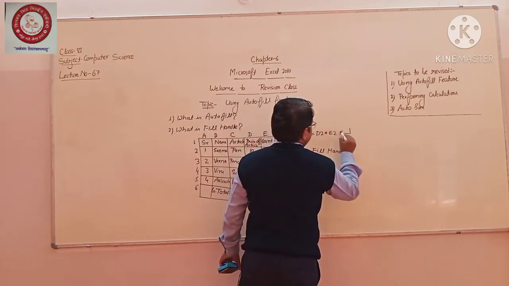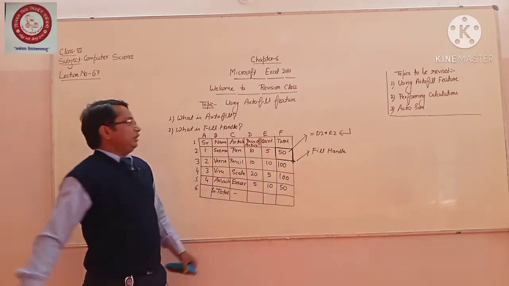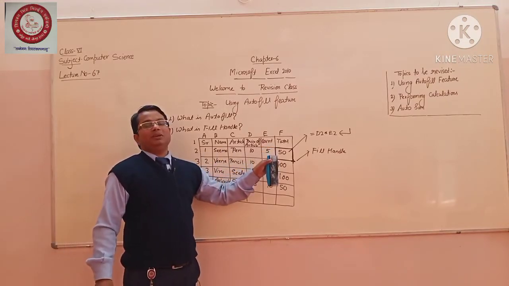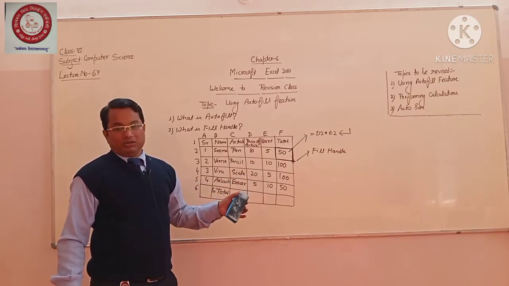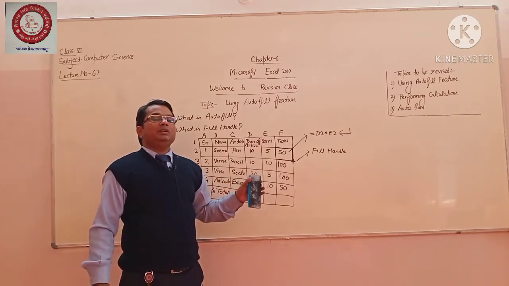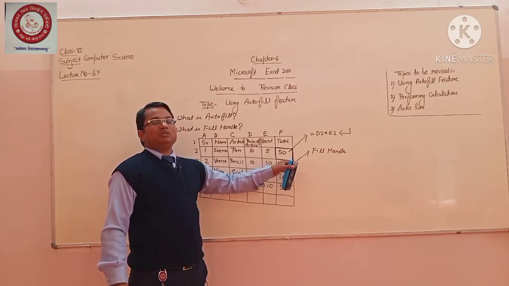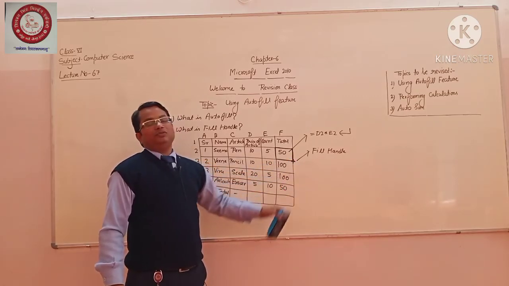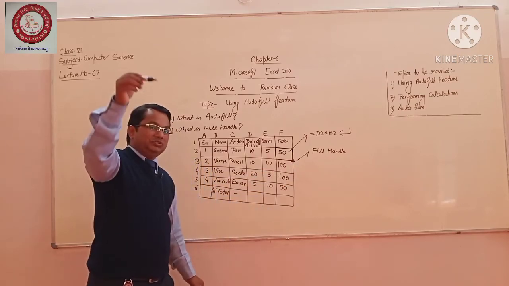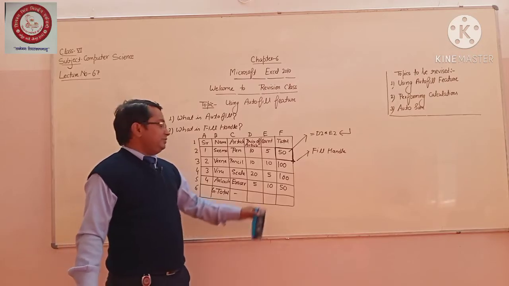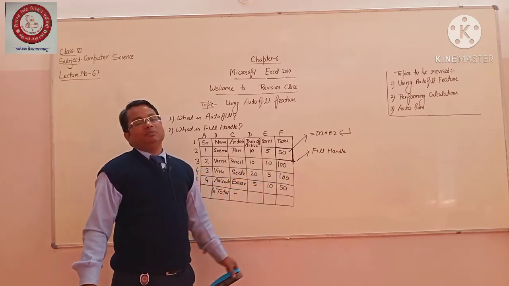Once I press, this becomes the active cell, and when you go to the right hand bottom side, you will get a fill handle. Once you drag the fill handle over the selection, the automatic calculation will be performed.